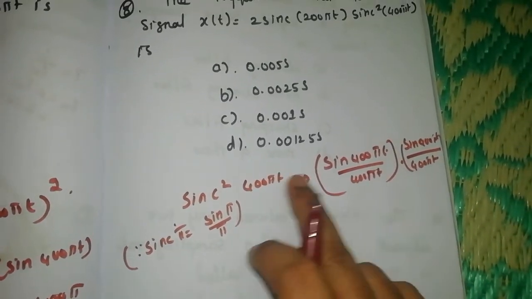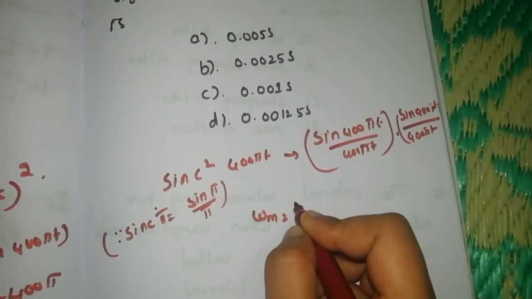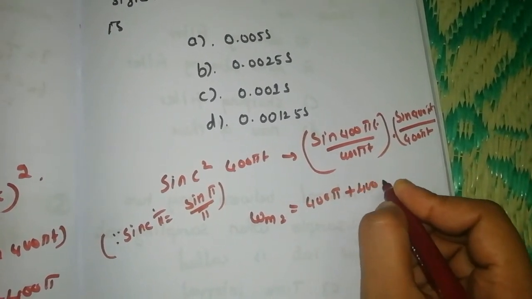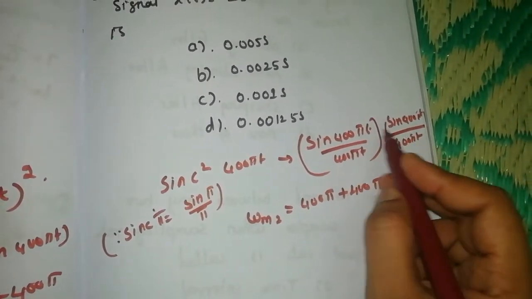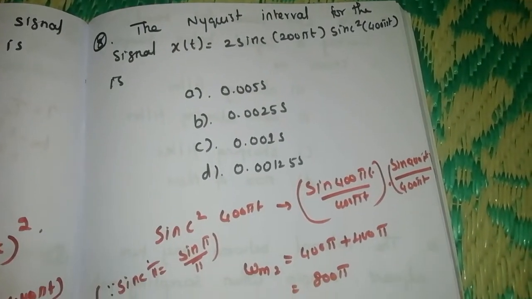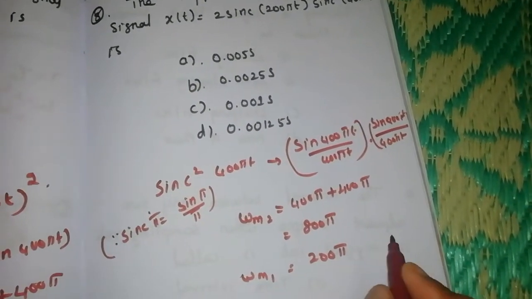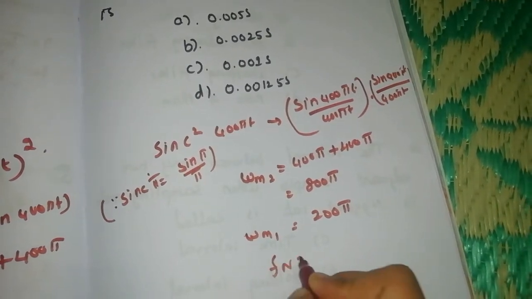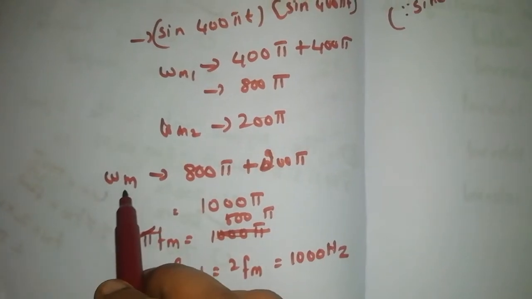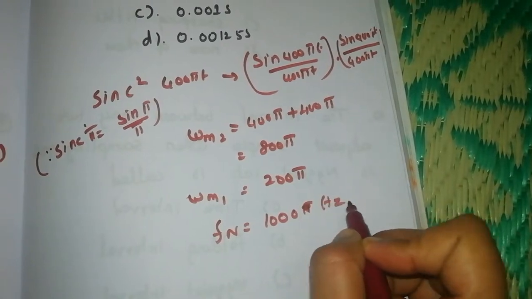Using this we can rewrite it. So we can find omega m2 from this as 400 pi plus 400 pi for the multiplication, so we have to add the highest frequencies. So we will get 800 pi, and omega 1 is equal to 200 pi. Similarly we will get 1000 pi, because we got the same result in the previous question. So here also Fn is equal to 1000 Hz.